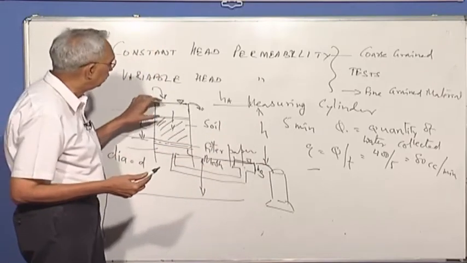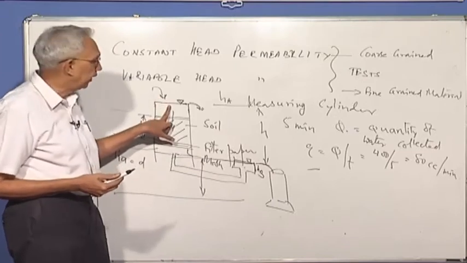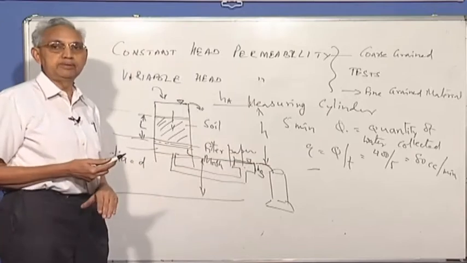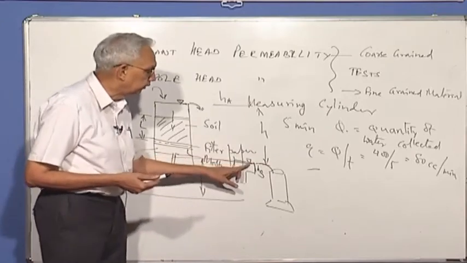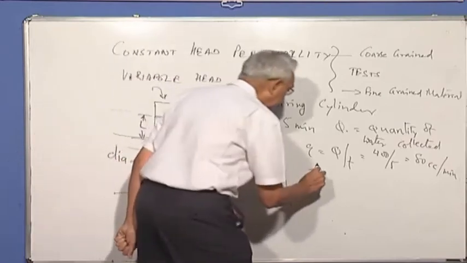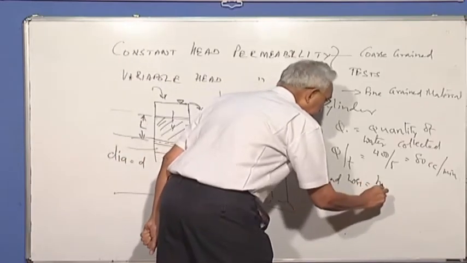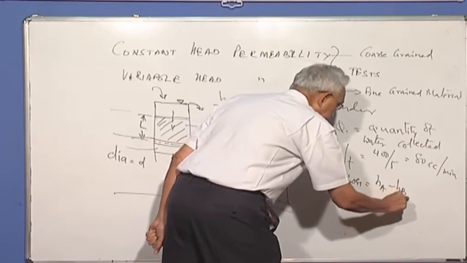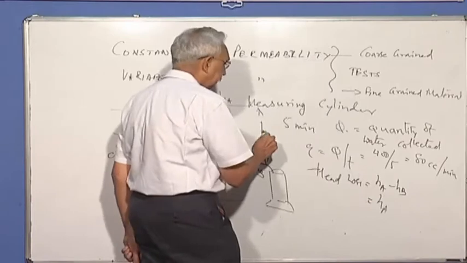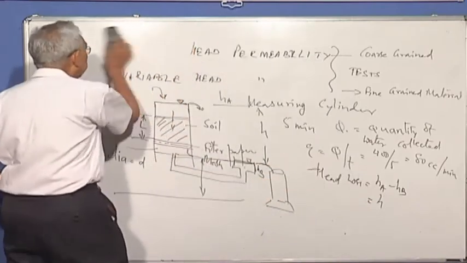Please remember, this is the total head corresponding to datum at the downstream water level. And what is the total head at point B? 0. So can I say head loss is equal to HA minus HB, that is equal to HA itself, or shall I say H. Now what is the hydraulic gradient?